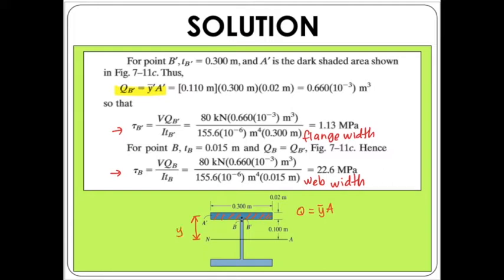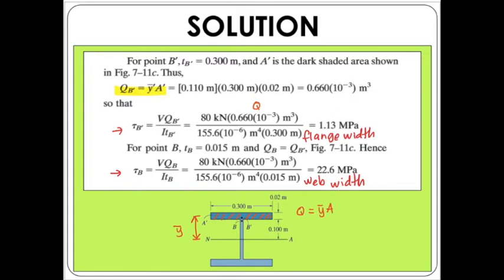Therefore you can calculate using 0.11 meters times 0.3 times 0.02 meters, so we have 0.66 times 10 to the power of negative 3 meter cube. That is the Q value that we are going to substitute into these two equations for tau B prime and also tau B.